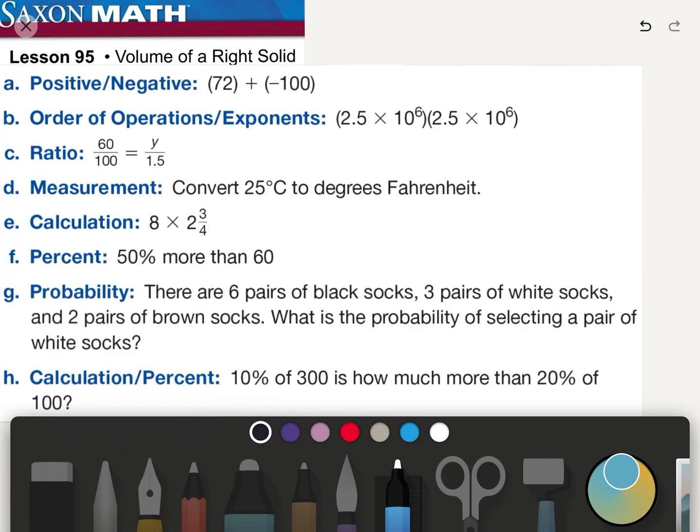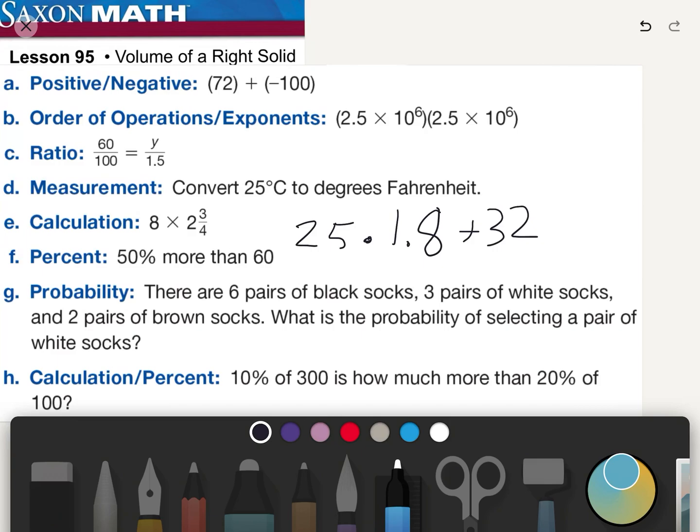Measurement. Convert 25 degrees Celsius to Fahrenheit. So remember, multiply by 1.8 and then add 32.